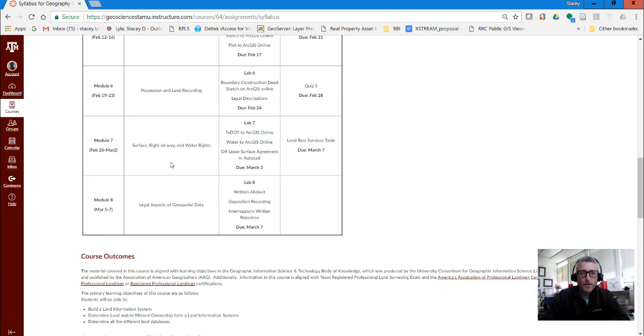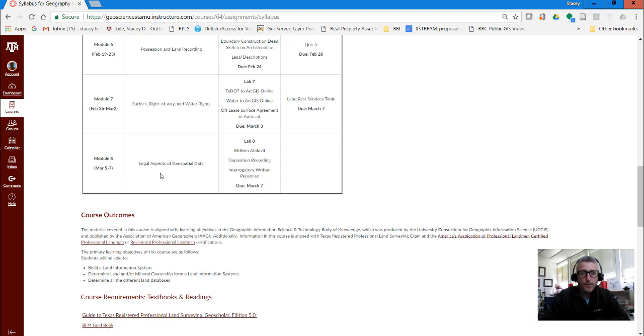Next, we'll look at writing documents for, say, surface owners and how we get right-of-ways or water rights, or do negotiations and the documents that represent that, how we could represent our surface data sets differently than our mineral data sets and deal with those issues.